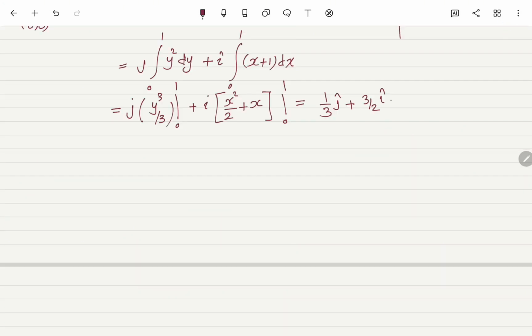Now to find the integral directly from (0,0) to (1,1), let's have a quick sketch here. This is (0,0) and this is (1,1), like this.